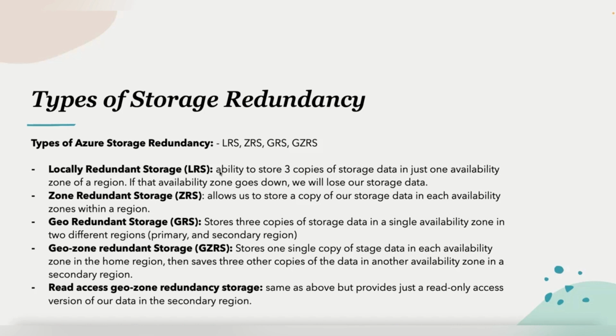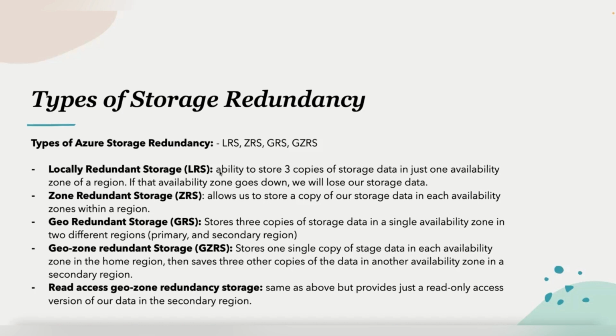And if you remember, when we were talking about availability zones while talking about virtual machines, we talked about one or more data centers being in each zone and one or more zones being in each region.